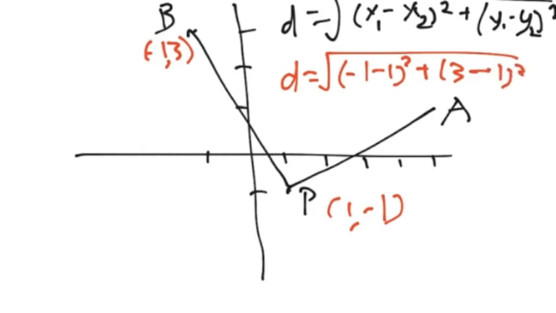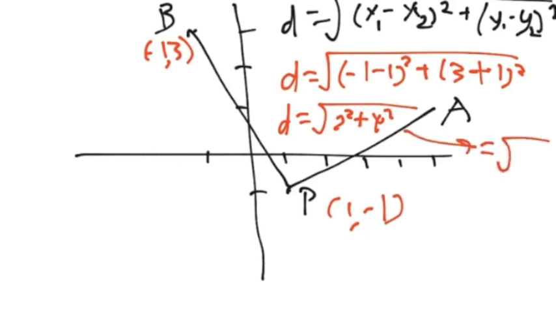And minus a negative equals positive. So the distance equals the square root of 2 squared plus 4 squared, which equals root 20.